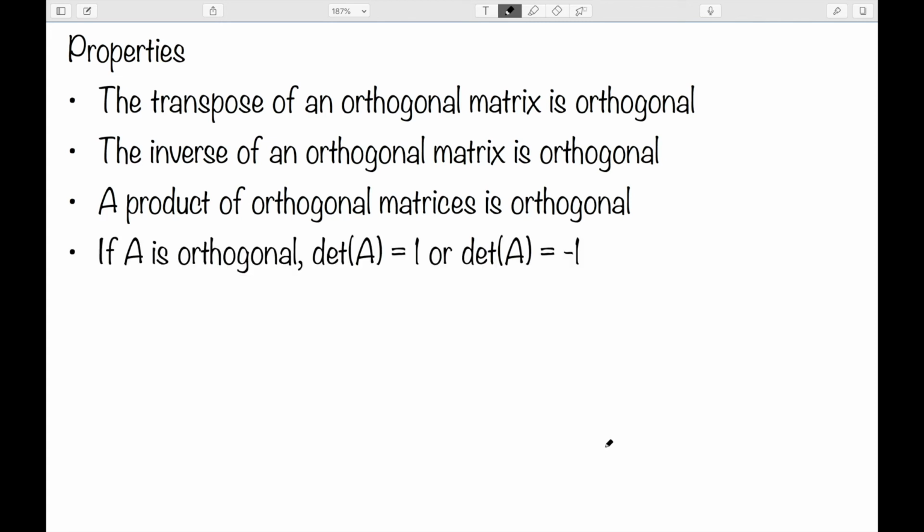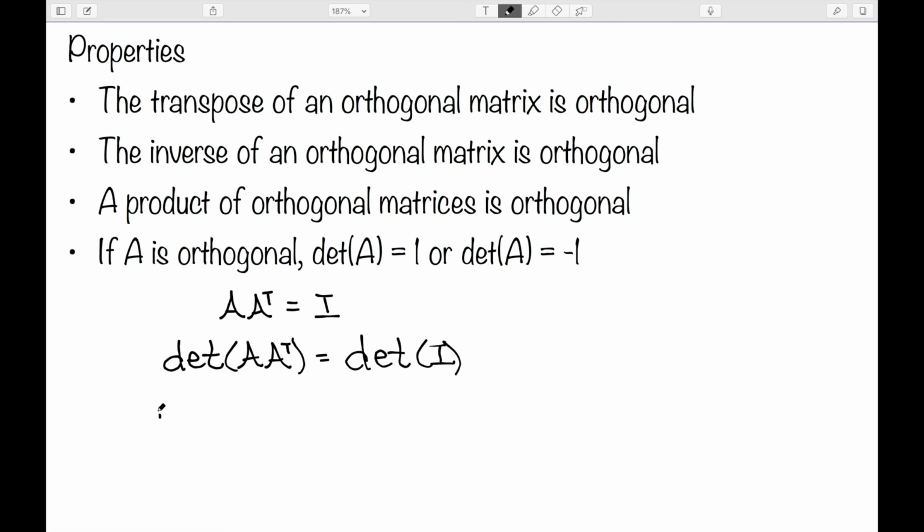And finally, if A is orthogonal, the determinant of A is equal to 1, or the determinant of A is equal to minus 1. And I do want to discuss this one. For A to be orthogonal, we know that A times A transpose needs to be equal to the identity. So we can take the determinant of both sides. We know that the determinant splits up over multiplication, so this is the determinant of A times the determinant of A transpose.